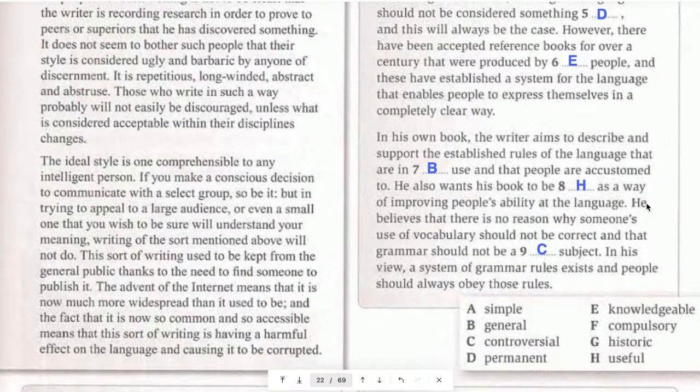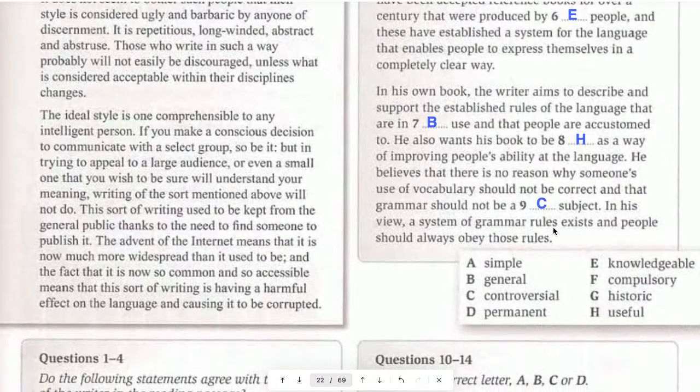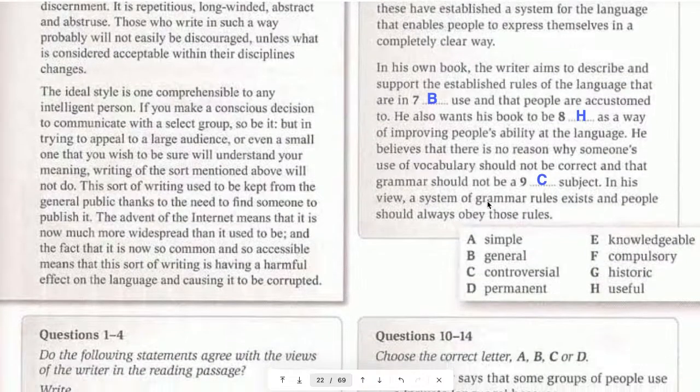We believe that there is no reason why... Yes.